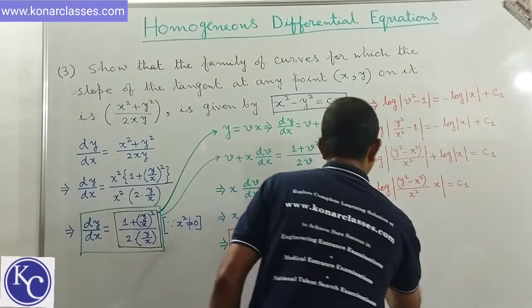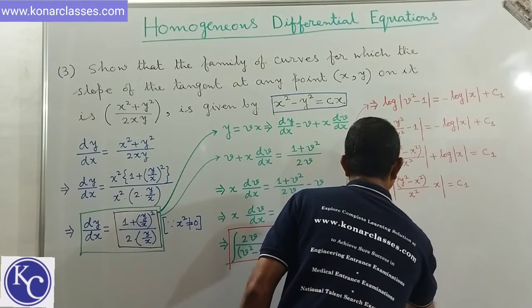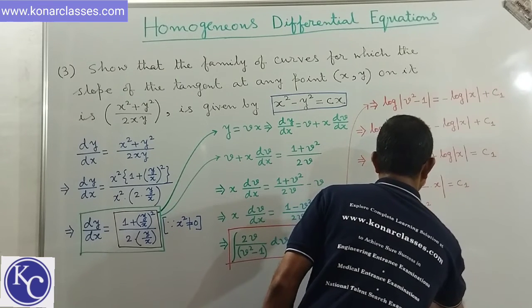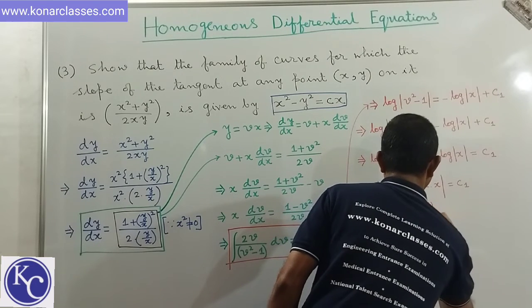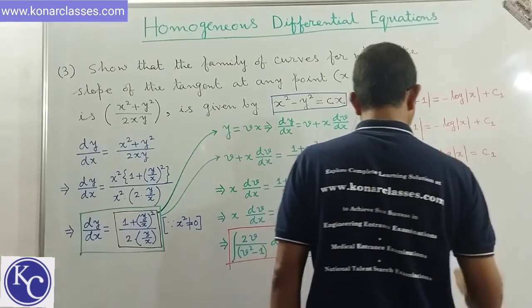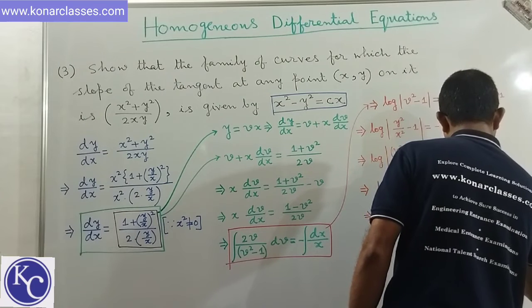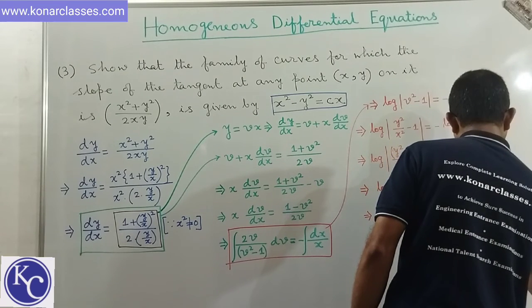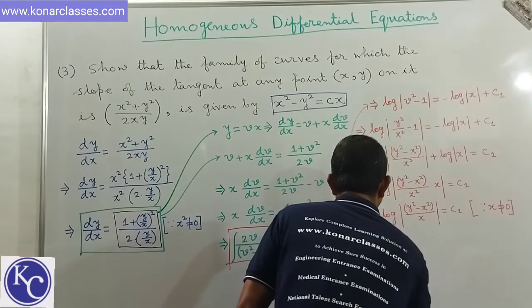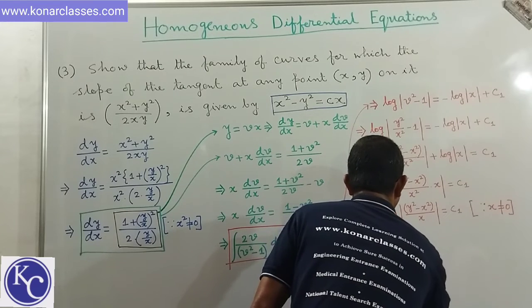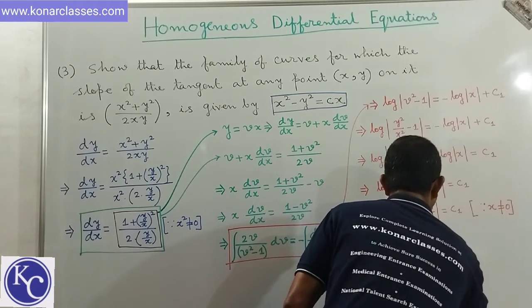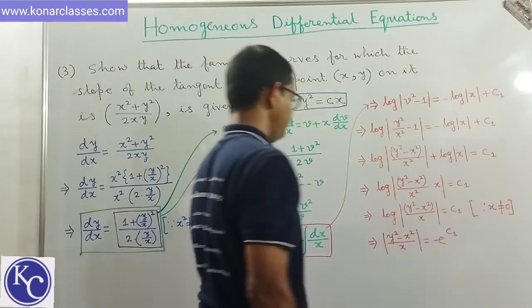So this implies log of mod (y square minus x square) divided by x is equal to C1, since x is not equal to 0. That's why you are able to cancel. So this gives that the mod of (y square minus x square) divided by x is equal to e power C1. Correct?